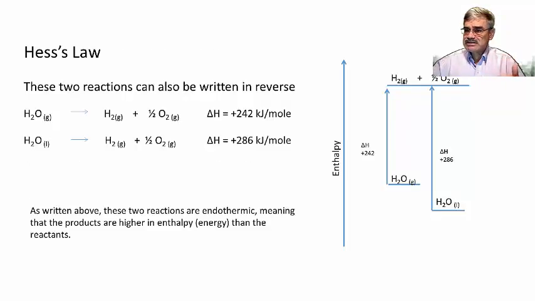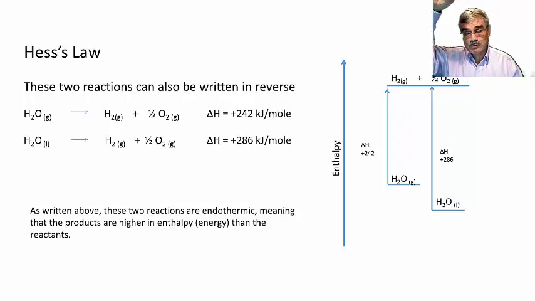Continuing in our discussion of how to operate with these enthalpy diagrams and how to handle delta H's, I'm switching back and showing you the reaction written the first way, where it's endothermic. Water vapor being split apart into hydrogen gas and half an oxygen molecule, plus 242. At the right, you see the enthalpy diagram, where you have water vapor, and to split it apart into hydrogen gas and half an oxygen, you're going uphill.